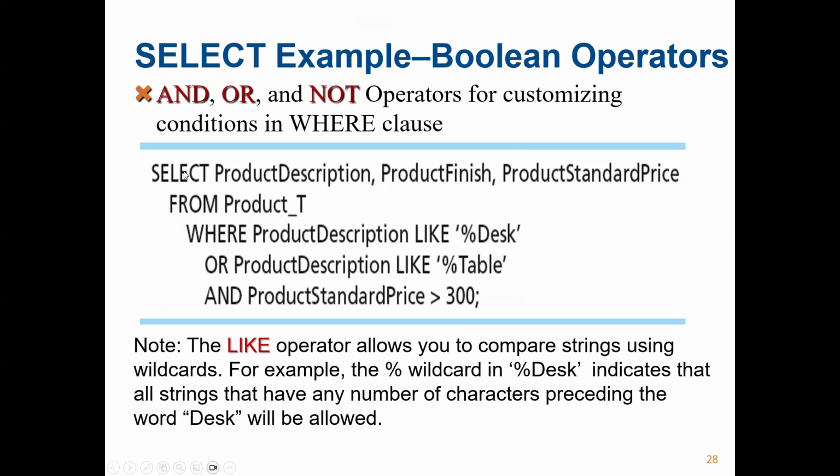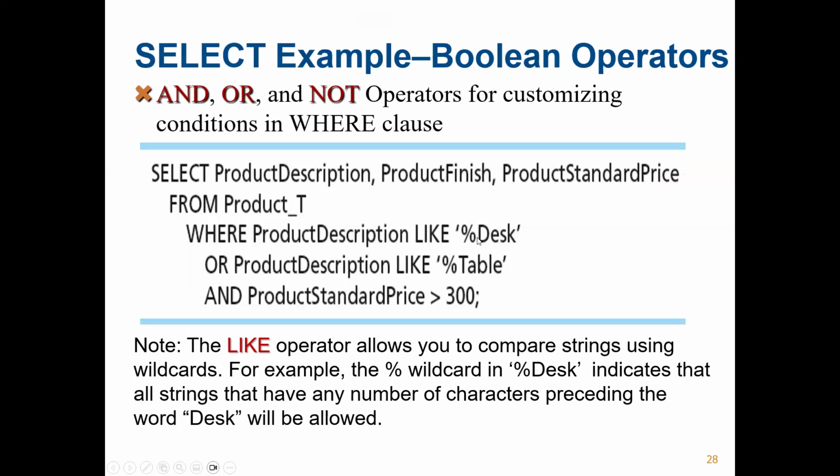We say select the product description, which is a column, product finish, a column also, and product standard price. So we are selecting 3 columns from a product T, which is a product table, where the product description is like percent desk.